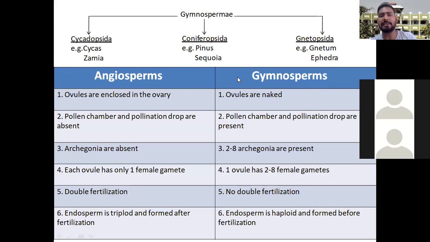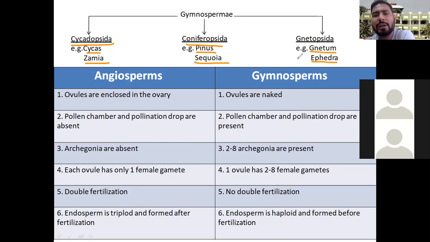Now you can see the classes of gymnosperms. There are only three: Cycadopsida, with Cycas and Zamia; Coniferopsida, with Pinus and Sequoia; and Gnetopsida, with Gnetum and Ephedra. So this is the overall story about gymnosperms. Now gymnosperms are finished.